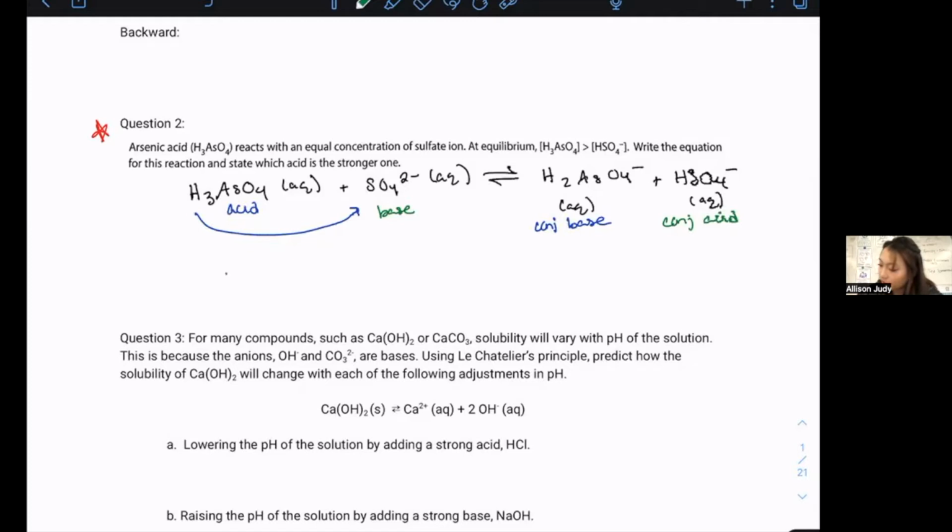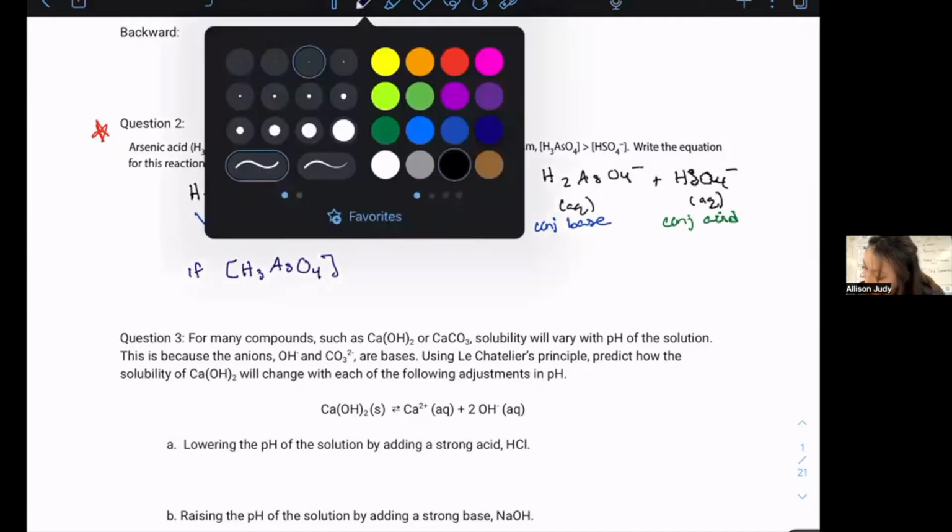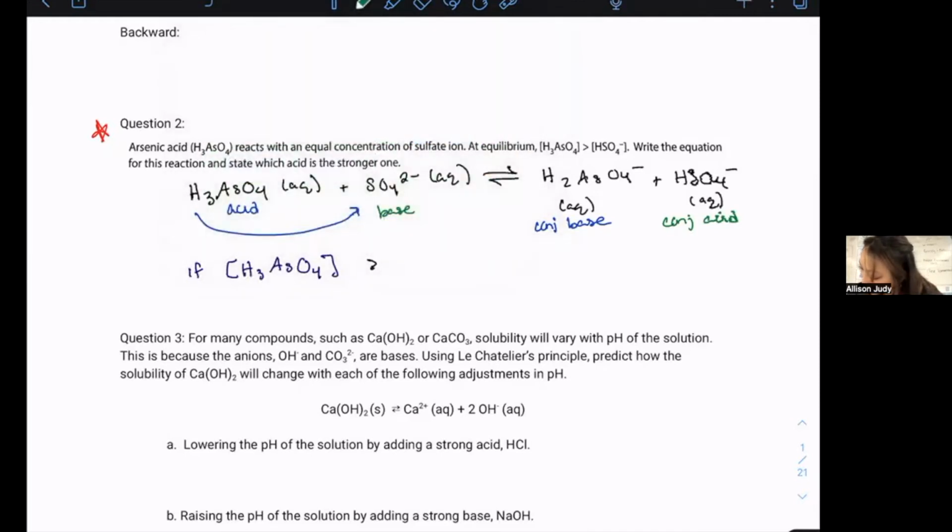If I have more H3AsO4 than the other potential acid in solution, the conjugate acid, HSO4 minus, that means that this acid is less dissociated. It stays intact. And the HSO4 minus acid is less abundant.